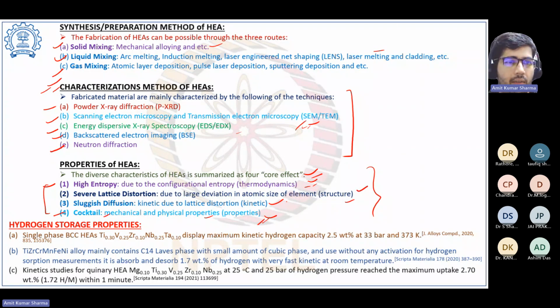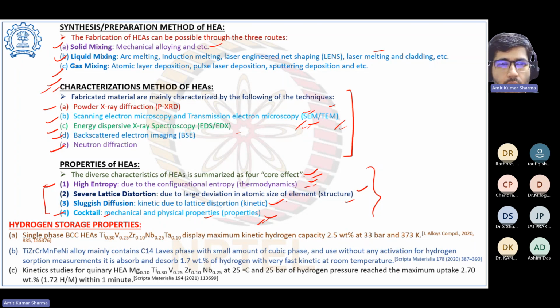There are different things. With SEM, you can go up to the surface. I don't know about the depth. I have done SEM for my experiment also, so you can see the surface morphology clearly in the SEM.